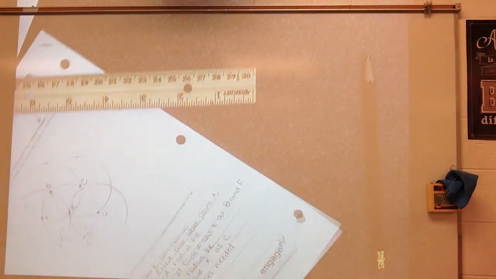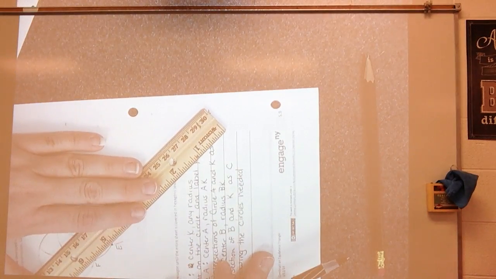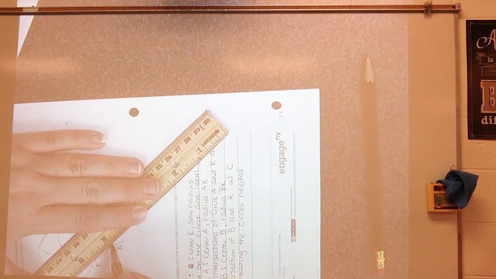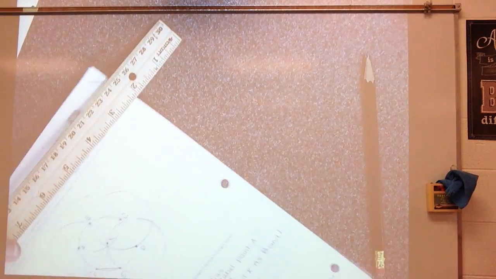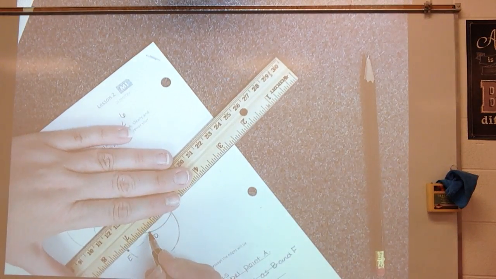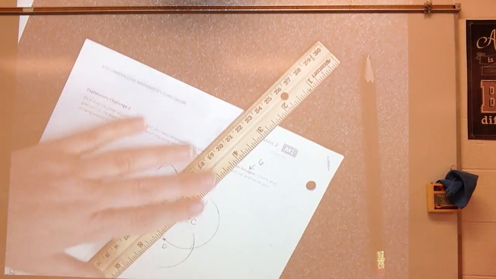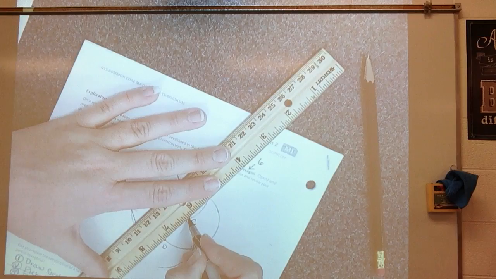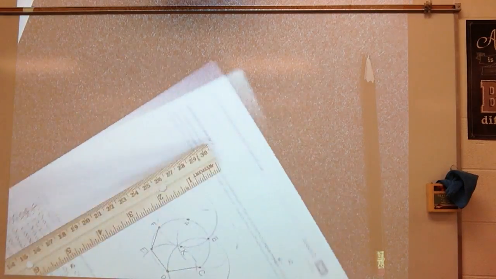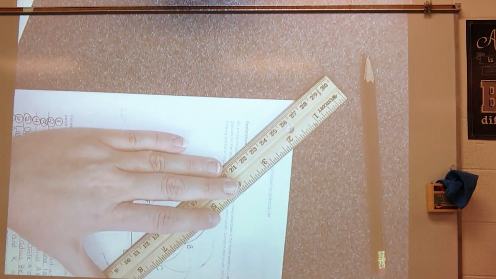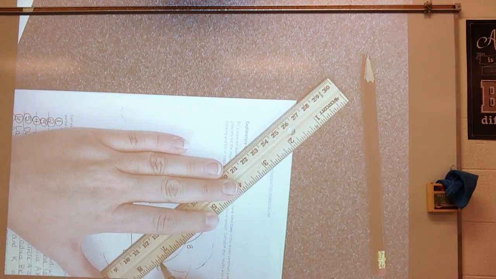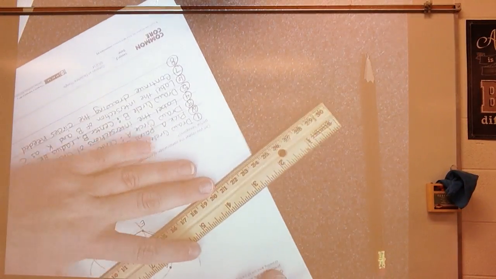So, I can go ahead and connect my sides. Because remember, our goal is to create a hexagon. We need a 6-sided figure.